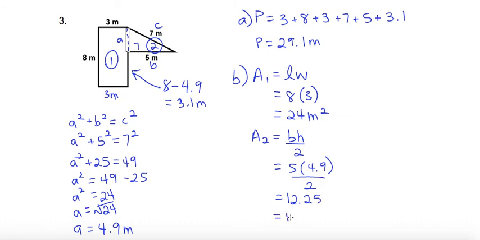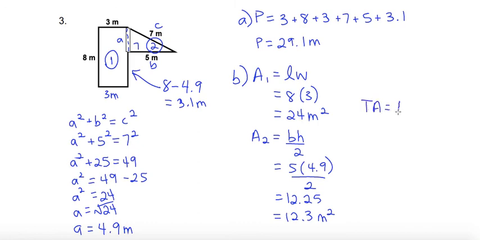I can round this to 12.3 to keep 1 decimal place like I've done for every other part of my question. So now, with my units, meters squared, I have the area of shape 1, which is my rectangle. I have the area of shape 2, my triangle, which is 12.3, and I need to find the total area.